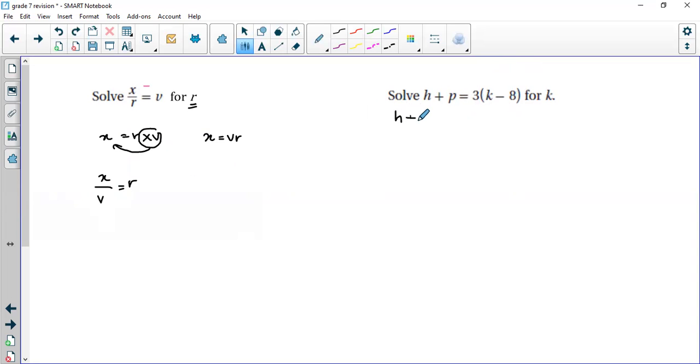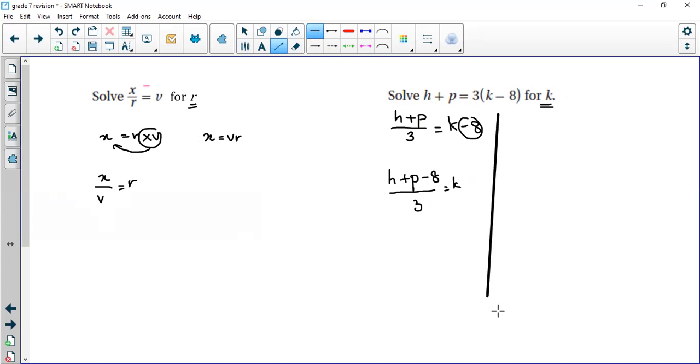So it's going to be h over p equals k minus 8. Now we are solving for k, right? That means what is the next step? We need to, of course, move the minus 8 to the other side. So that will become h plus p minus 8 divided by 3 equals k. Now let's try the other way, which I think we did already.